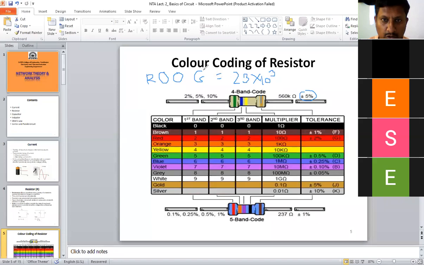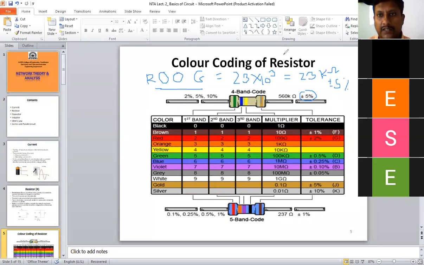Okay, gold means plus minus 5%. So 23 into 1K gives 23K ohm. 10³ means 1K. So 23 kilo ohm will be the value of this color band, and the tolerance is plus minus 5%.